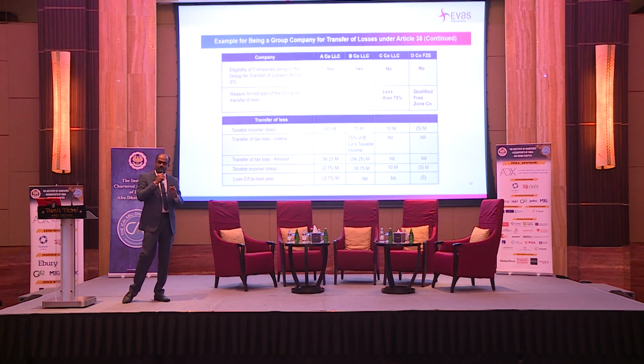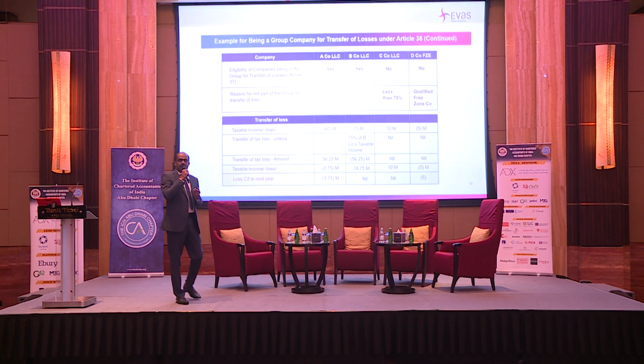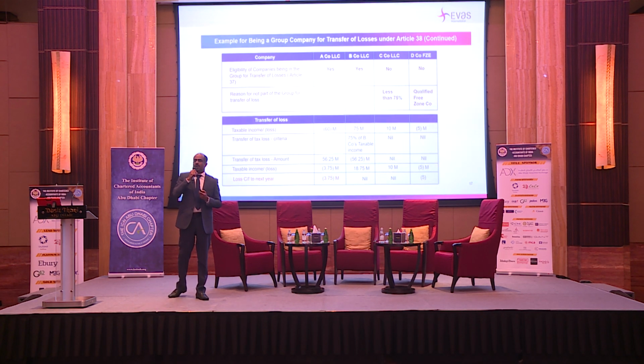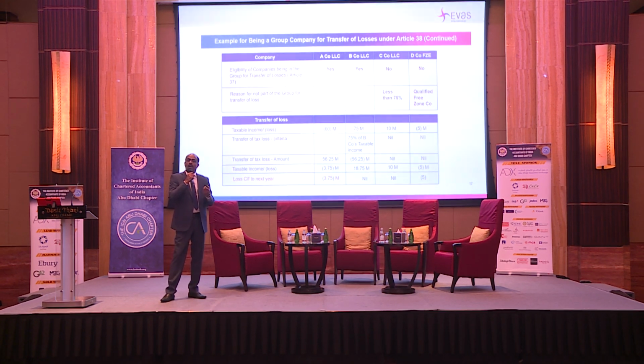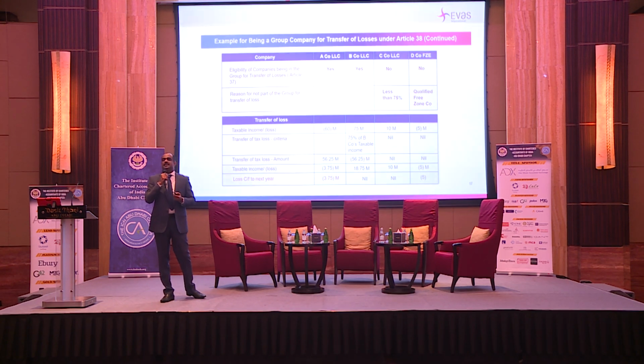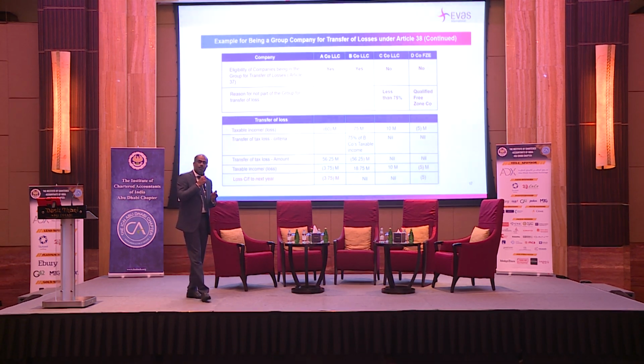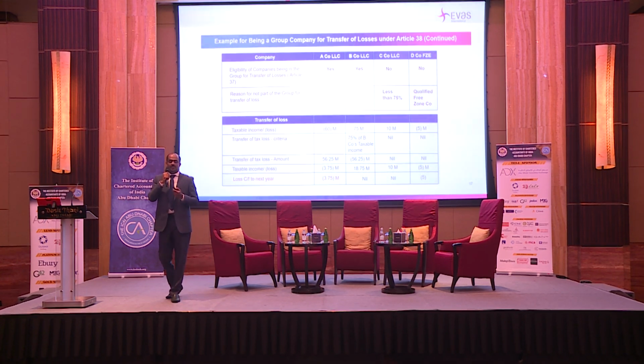So out of the 75 million profit, 75%, that means 56.25 million, can be offset by the transfer of losses. From the 60 million loss of A company, you can transfer 56.25 million to B company, so that B company's taxable income will be reduced to 18.75 million. And the remaining tax loss which can be carried forward by A company will be 3.75 million.